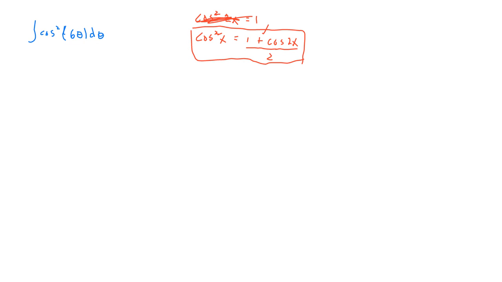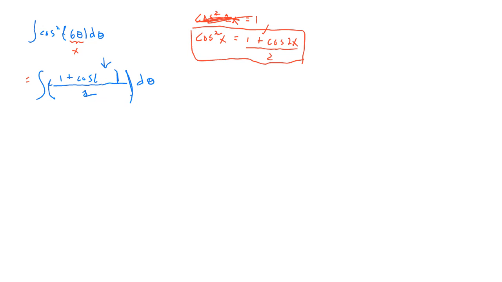All right, so the 6 theta is my x. If I use the trig identity formula here, this is going to be equal to 1 plus the cosine of some angle all over 2 d theta.